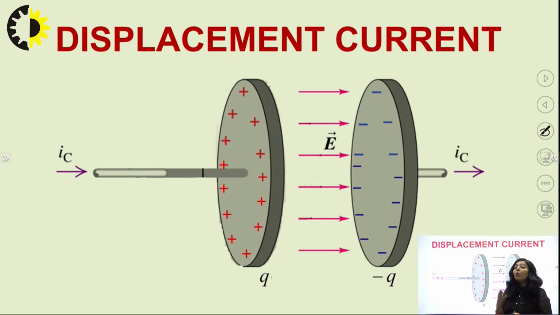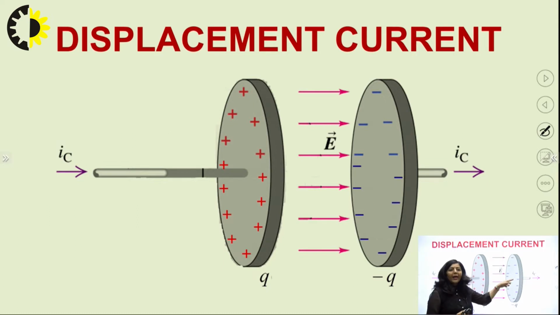But there is one more type of current which is there in the circuit, and that current is there in between these two plates. If you carefully see these two plates, there is no actual flow of charge between them. I am referring to this plate as P1 and the second plate as P2.